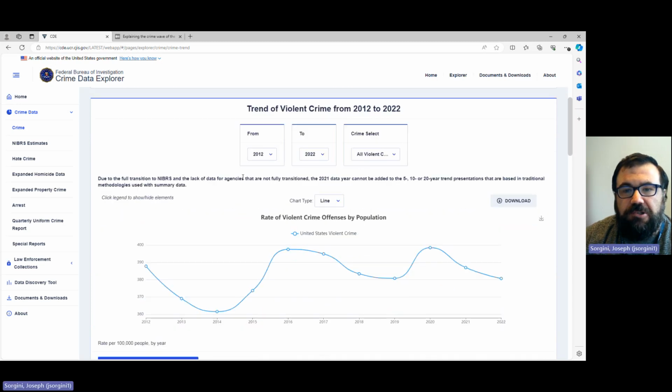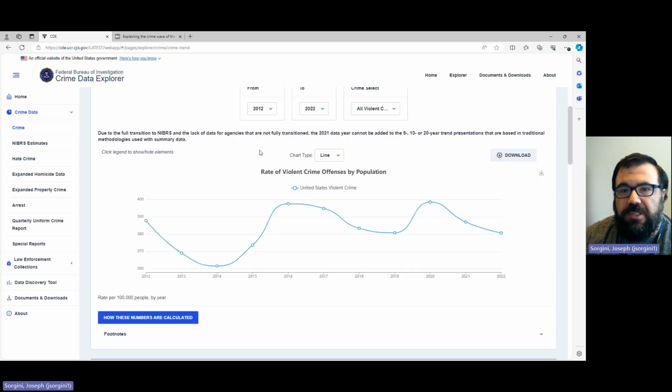The UCR allows us to get a trend in crime presented. We like to look at the data often in terms of a 5, 10, or 20-year presentation. A really good presentation is normally by 10 years because it gives us a pretty accurate flow of the rate of violent crime.